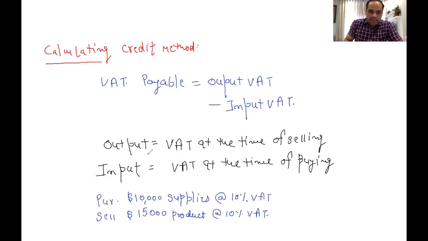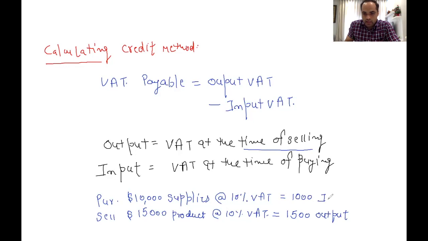First thing, we need the output. So output is 10% of the selling price at the time of selling, so VAT is 1500. So 1500 is output. And input is VAT at the time of buying, which is 10%, so 1000.